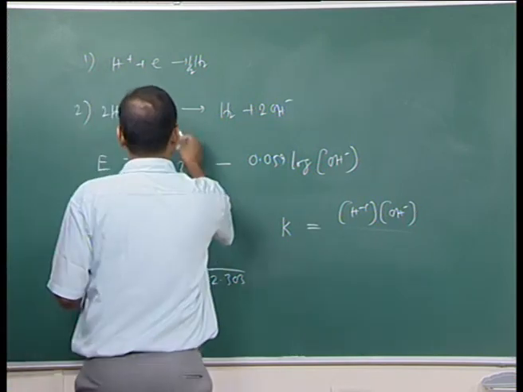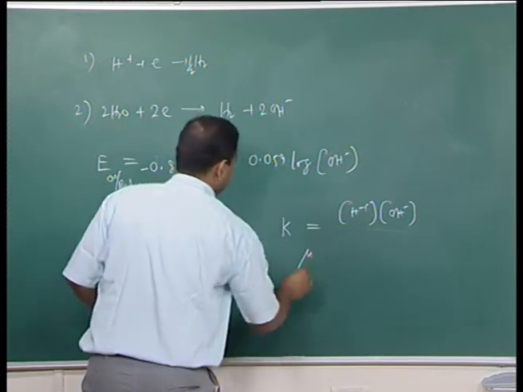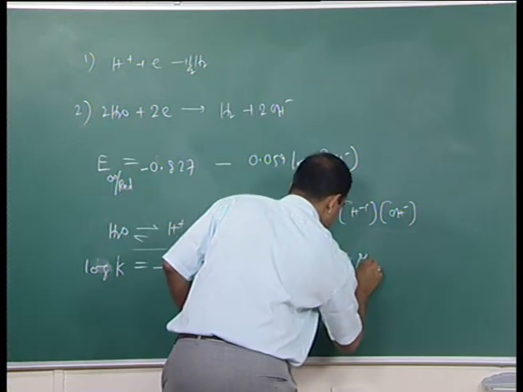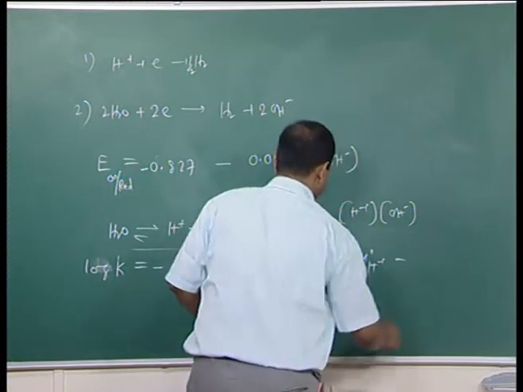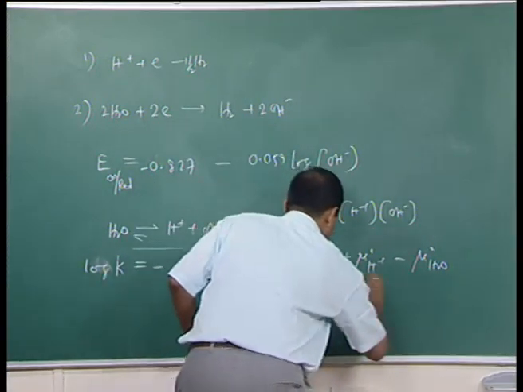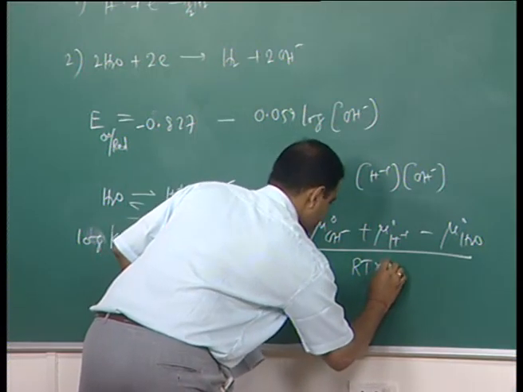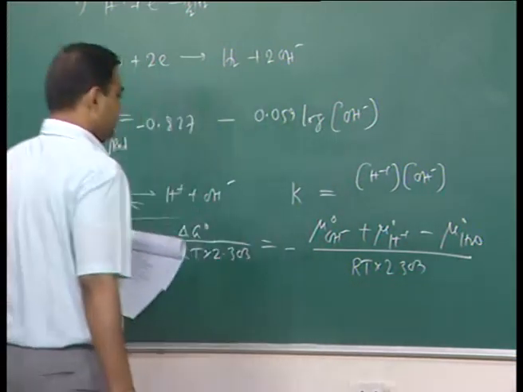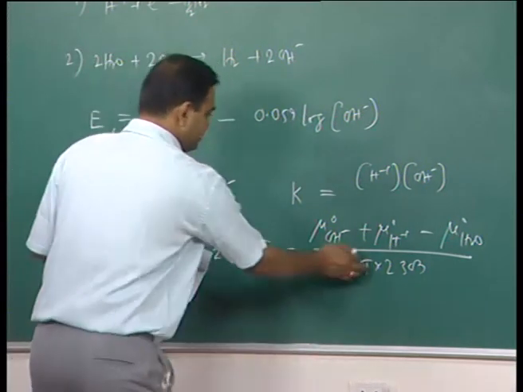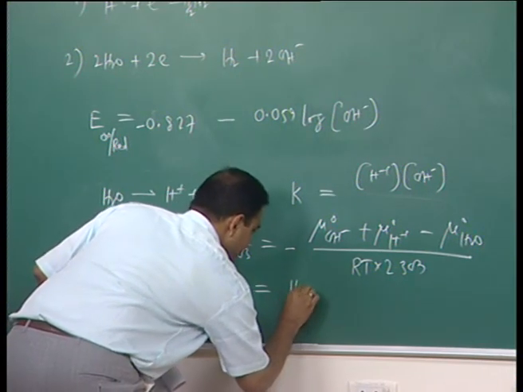And now, if you put this del G0, which is nothing but mu of OH- plus mu of H+ minus mu of H2O, with a minus sign, by RT into 2.303, and at 25 degrees Celsius, if you put all these values, you would get close to 14.01.